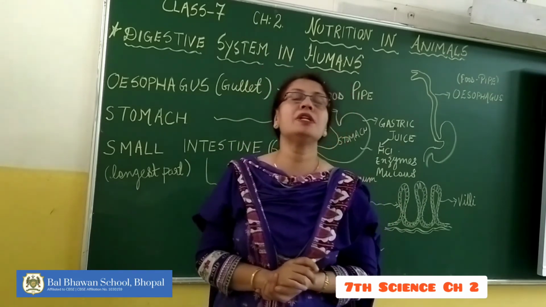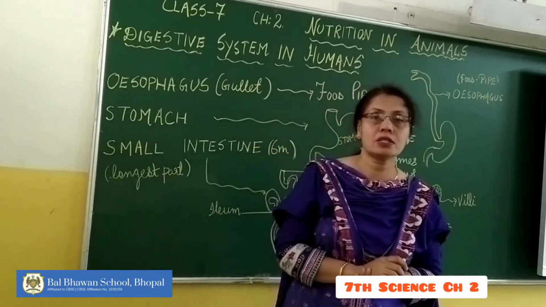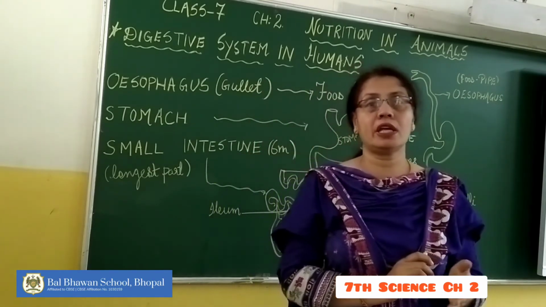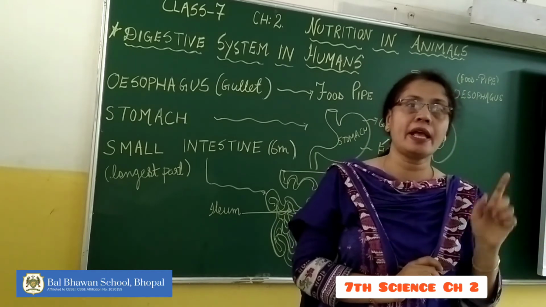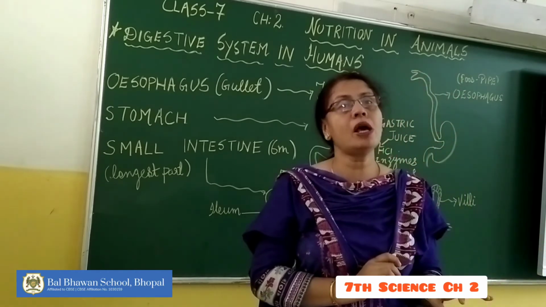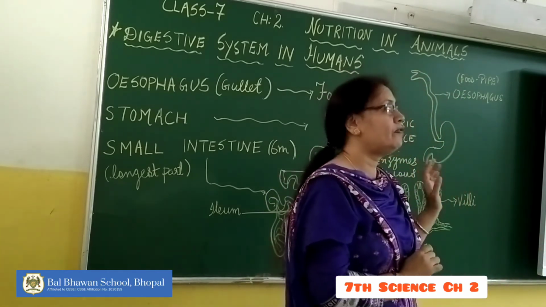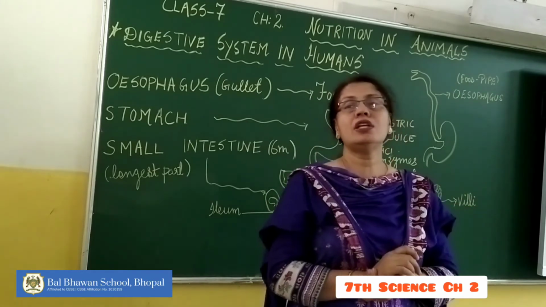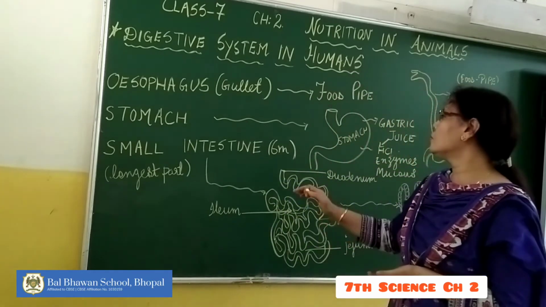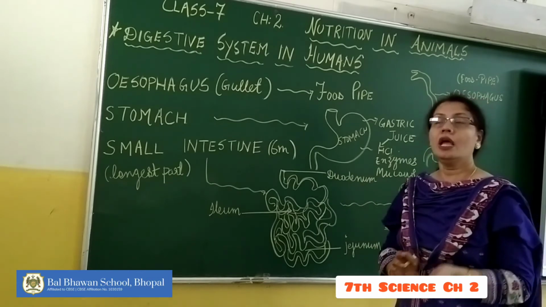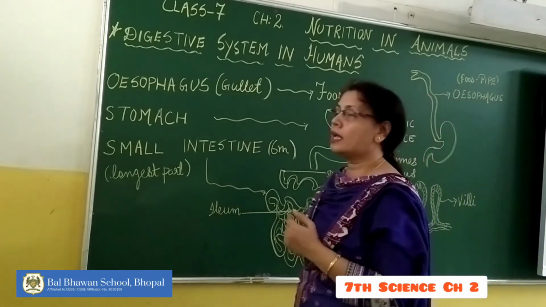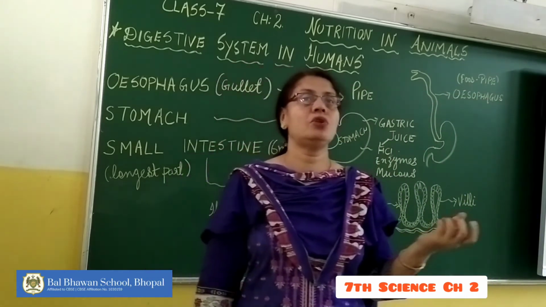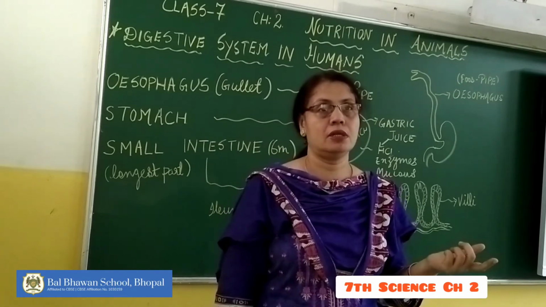You might have experienced this condition when you are fasting or when you are overeating. In both conditions, whether in excess or in small amount, when the production of HCl is not balanced, that condition is called acidity. And you know that to cure this acidity, we take Gelusil or any other antacid.